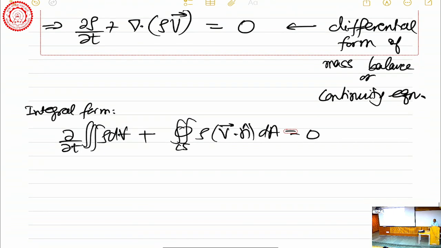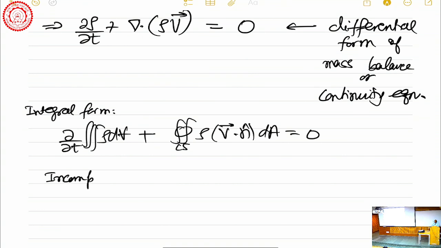Now we introduce another term called incompressible flow.